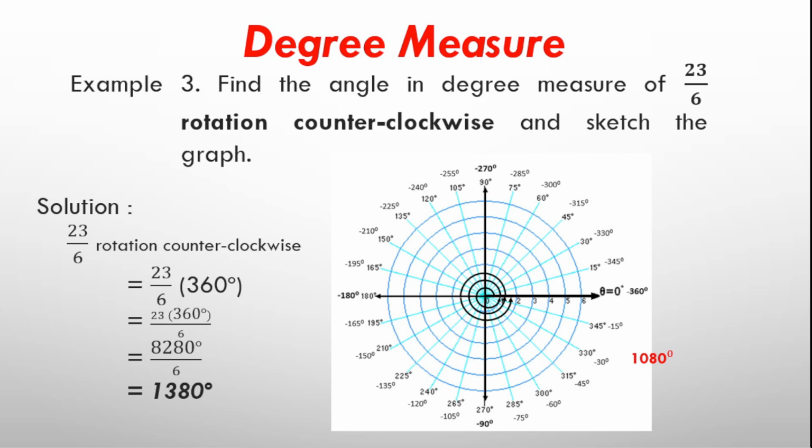And we are supposed to graph 1,380 degrees. So what we are going to do is extend the rotation from 0 degrees to 300 degrees to make it 1,380 degrees. So this is now the graph, or the sketch, of the rotation.